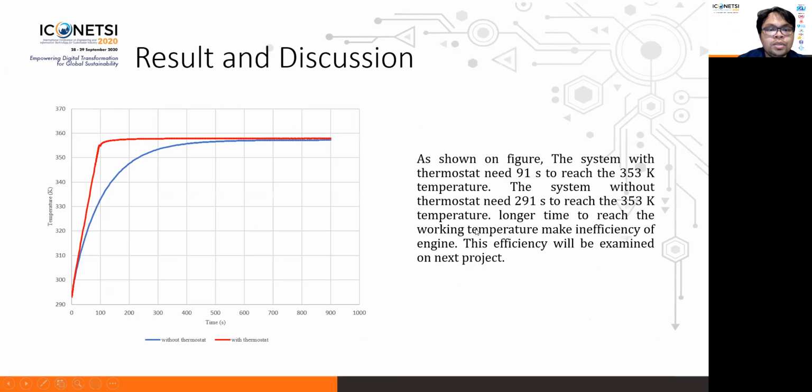The result of the simulation is shown in this figure: without thermostat, the blue line, and with thermostat, the red line. This is the proof that the thermostat makes the engine reach the temperature faster than without it. I calculate that it is more than 3 times faster with the thermostat than without it.